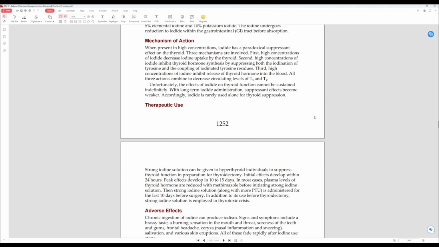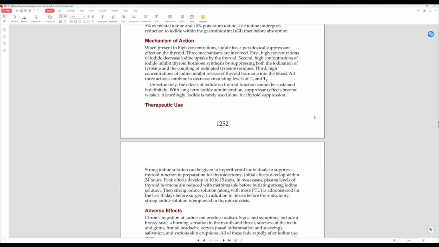Second, high concentrations of iodide inhibit thyroid hormone synthesis by suppressing both the iodination of tyrosine and the coupling of the iodinated tyrosine residues. Third, high concentrations of iodine inhibit release of the thyroid hormone into the blood. All three actions combine to decrease circulating levels of T3 and T4.